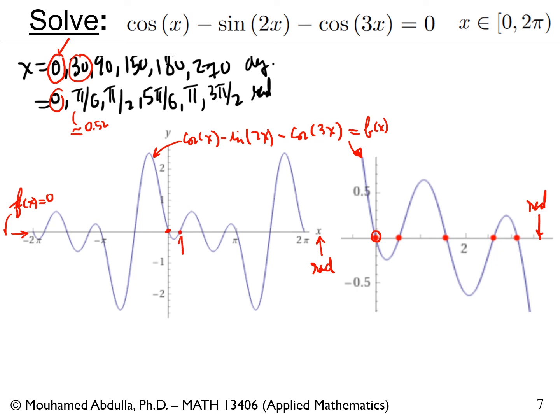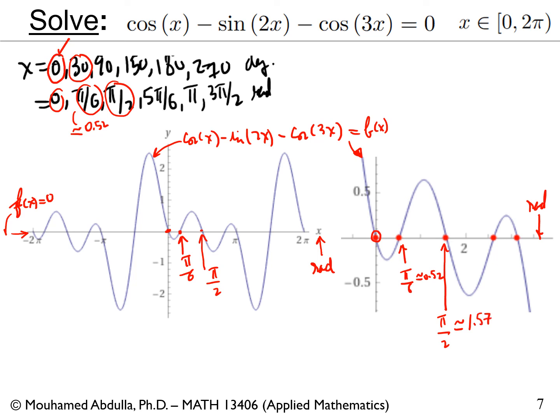This thing here is pi over 6, roughly 0.52. So this is also good. We could see a point at pi over 2. So this is pi, halfway it's here. This is also your pi over 2 here, which is roughly 1.57.